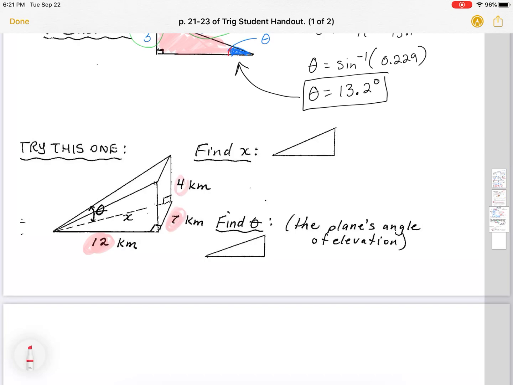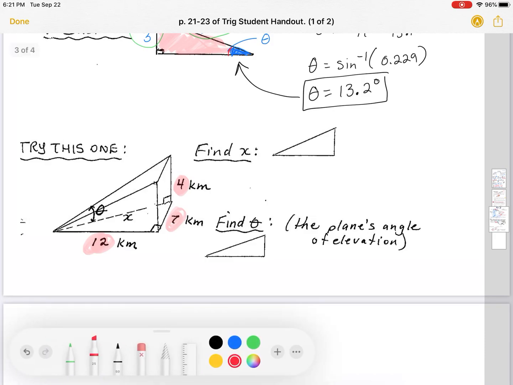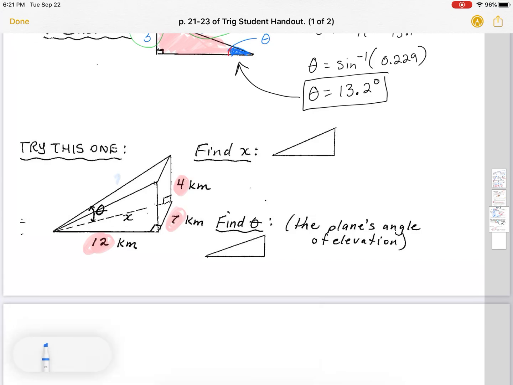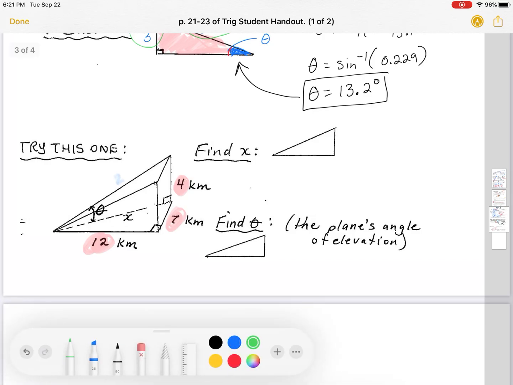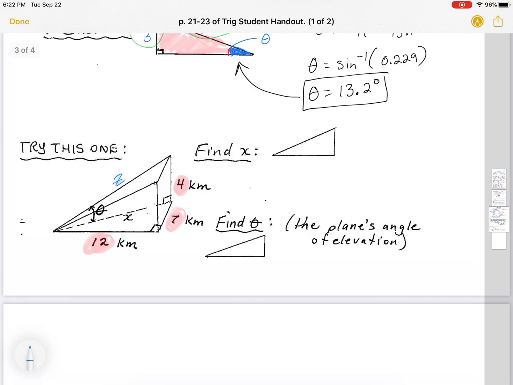Now, for this next one, it says try this one. Are you going to do all that work with triangles? Well, you don't have to. You can just use your 12 kilometers, your 7 kilometers, and your 4 kilometers, and we want to find that side we're looking for. We want to find the angle of elevation. We're not actually looking for x.